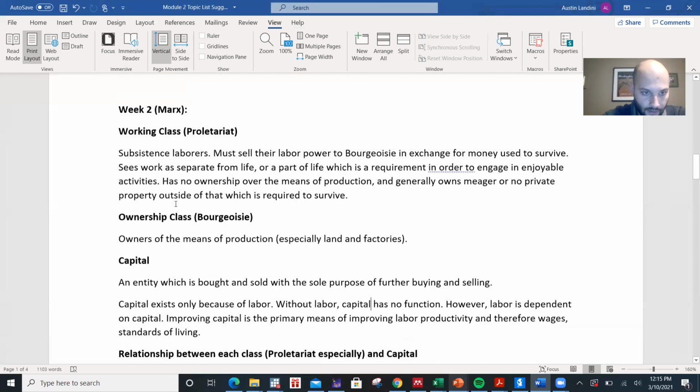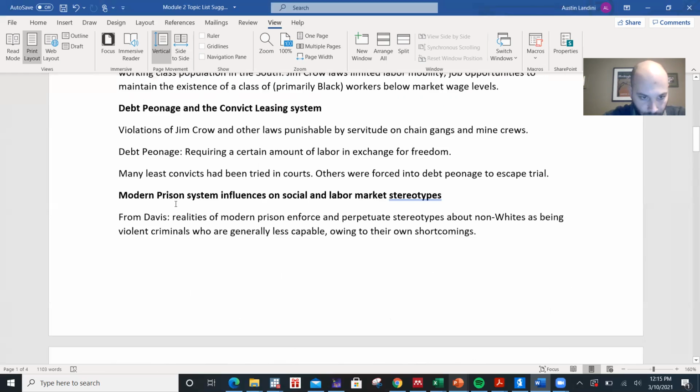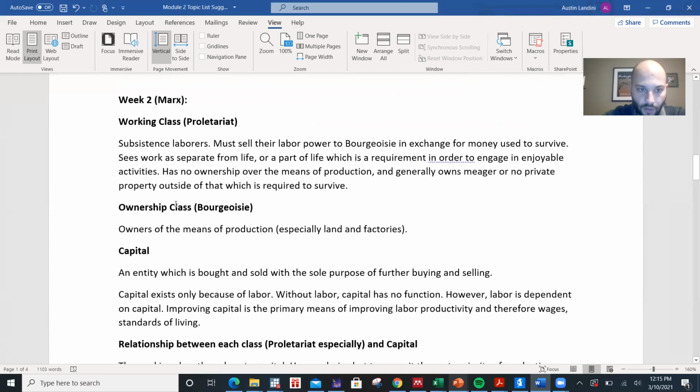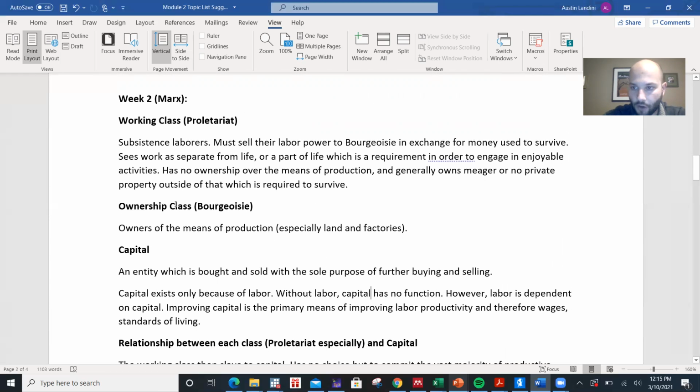So that is week one. Out of week two, we talked about Marx, and from Marx we have just a series of definitions basically. So we'll start with the working class or proletariat, which is a group of subsistence laborers who have to sell their labor power to capitalists or to the bourgeoisie, the owners of the means of production, in exchange for money used to survive.